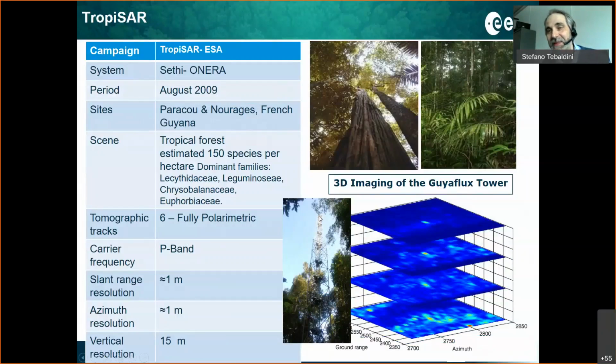There is a metallic tower in this forest that is used for scientific measurement, like flux measurement, for example. And here is how this metallic tower appears in airborne SAR tomography. So you can see here is the signal from the metallic structure that goes from 0 up to 55 meters.